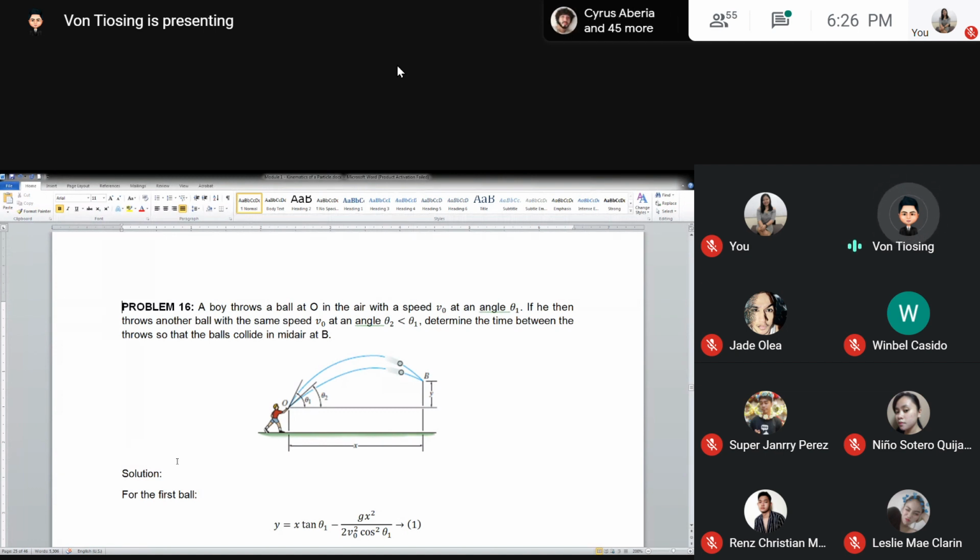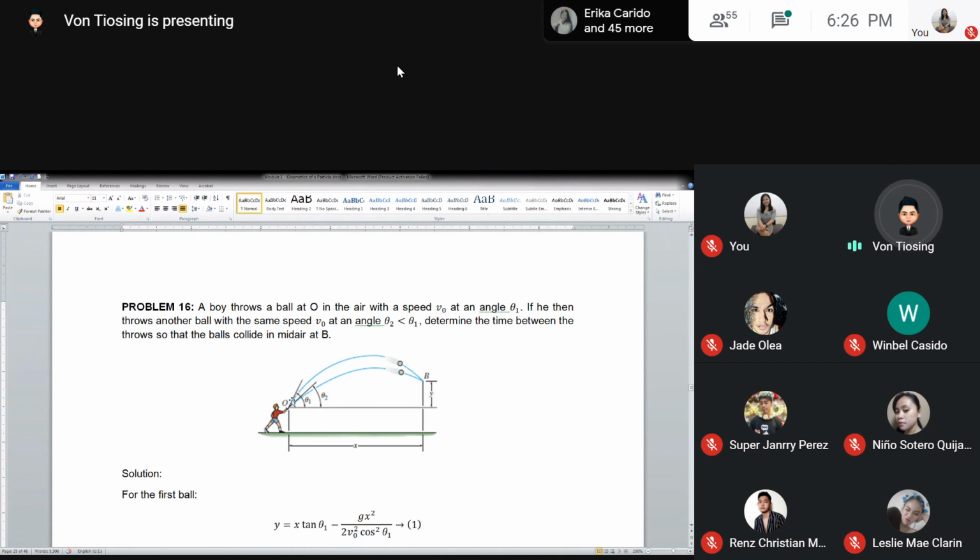Ang weird, no? Okay, kumbaga, parang nagbato siya ng bola, pero mas mababa na yung angle niya. Ang galing ng formula, ang galing ng problem na ito. Bubunggo daw sila rito sa point B. Parang yung mga nag-basketball, yung mga back shoot ang tawag.